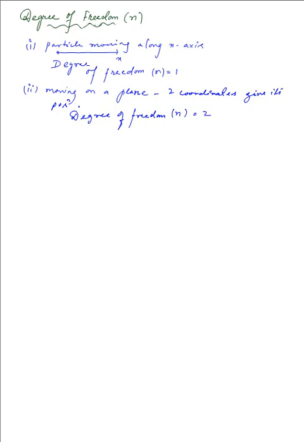And the same is the case with a bird flying in three-dimensional space. In that case, the degree of freedom is 3. So for 3D space, the degree of freedom is equal to 3.